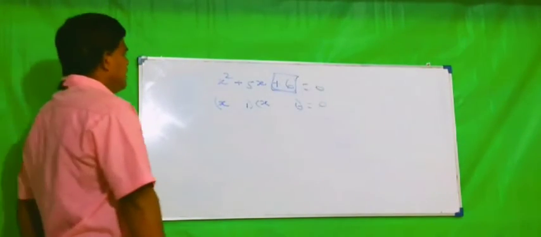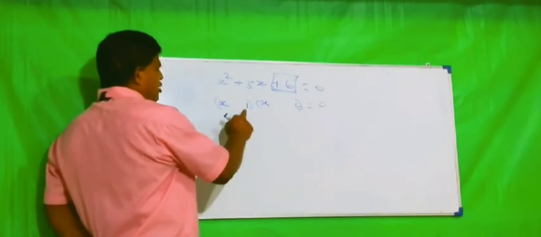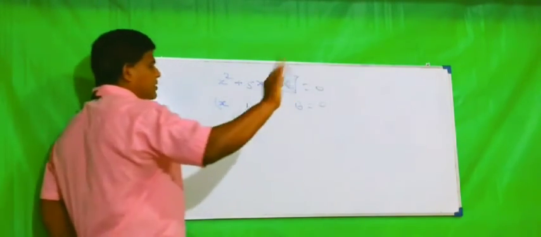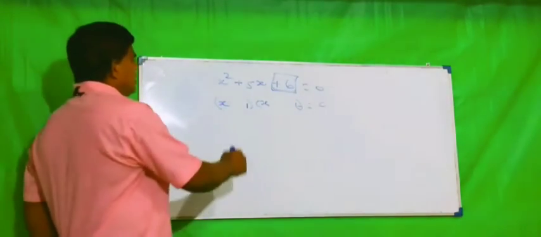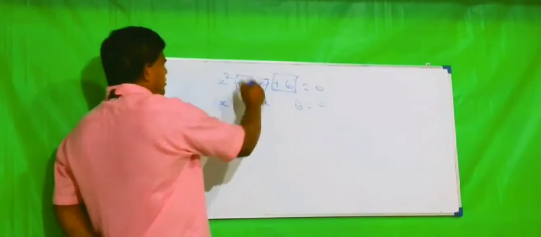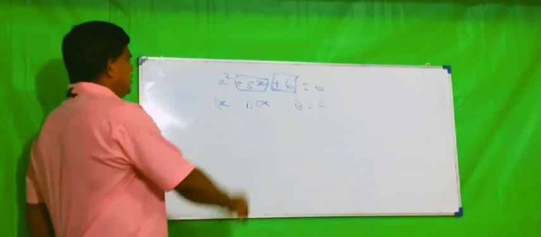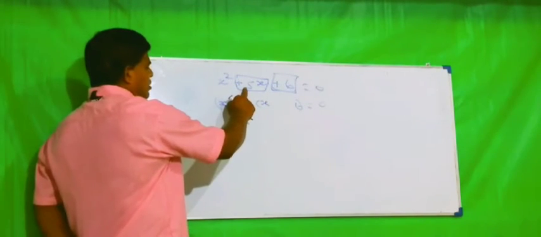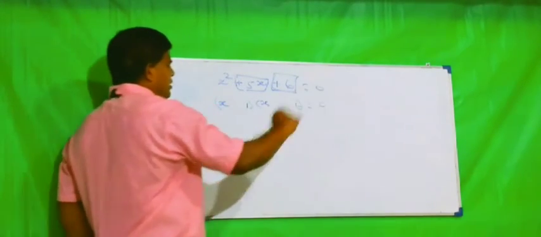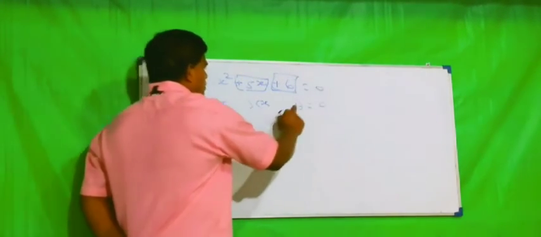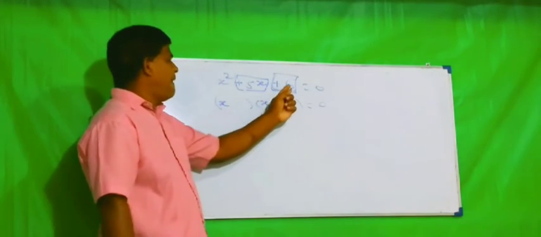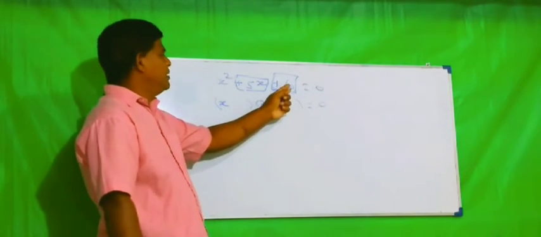But the addition of 1 and 6 is 7, and this addition should be the middle term, whose coefficient is 5. Since 1 plus 6 is 7, this pair is not suitable as the product pair for 6.